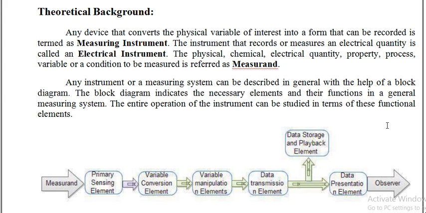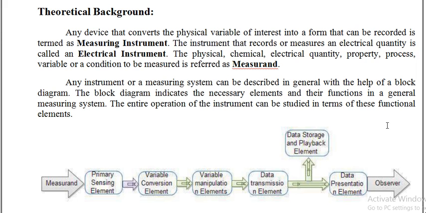You can see in the figure that on the left side there is a measurand. Measurand is what we are going to measure. It may be a mass, a time, a speed, any physical quantity. Then what we are going to measure will be sensed by a sensing element.